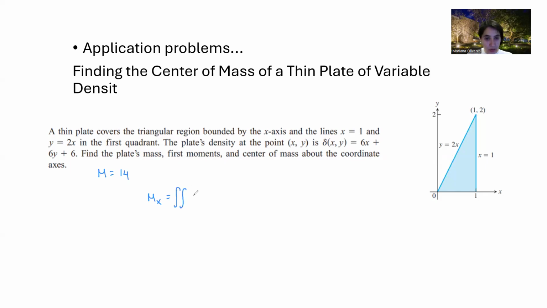the double integral of y times the density, which is this formula here, and times the differential of area. In this case, the differential of area is going to be, again, dx dy or dy dx.